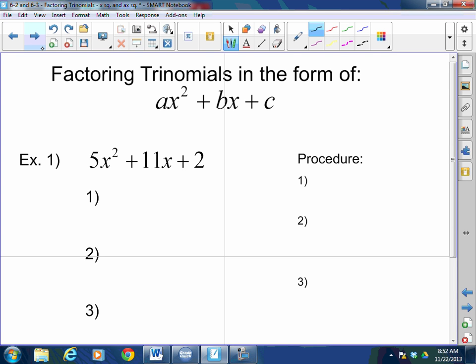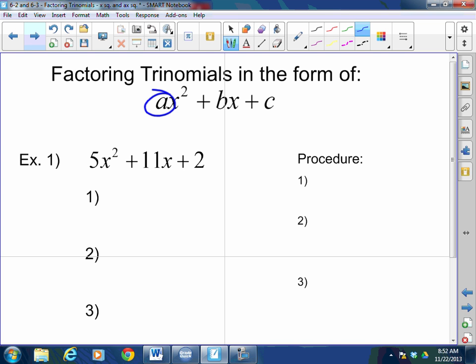Now, next one, guys. Factoring trinomials in the form of ax squared plus bx plus c. This is 6-3. This time there's going to be a coefficient in front of the x squared. Now, the good news, it's almost identical to what I just finished teaching.